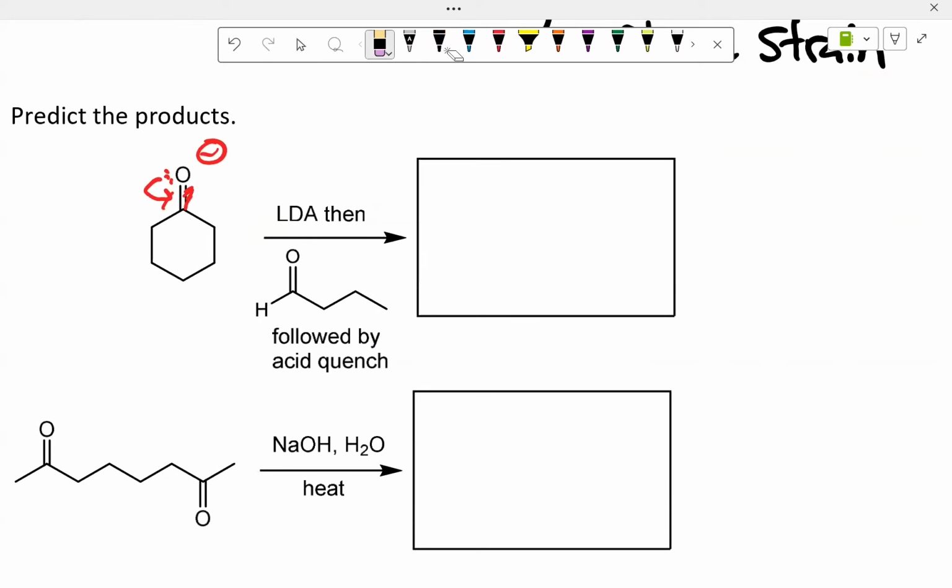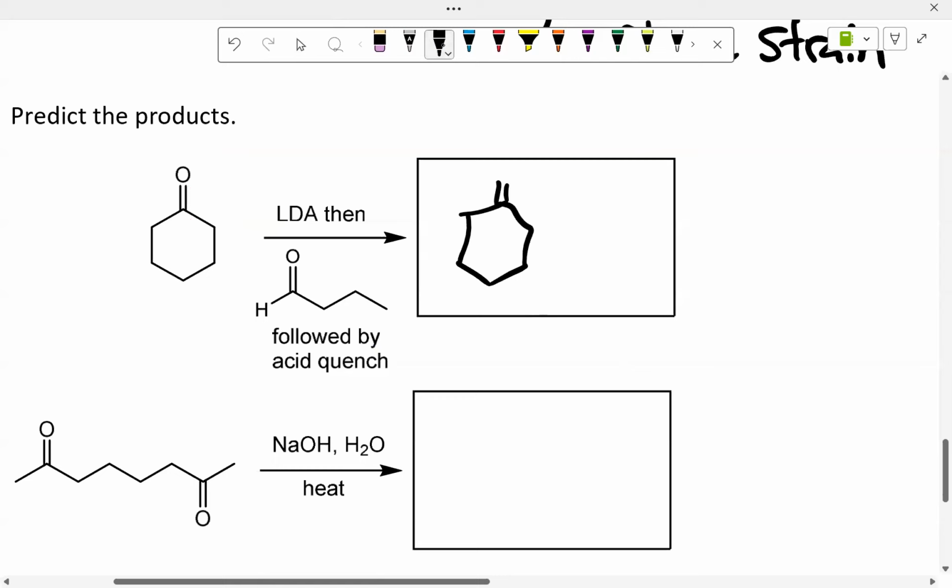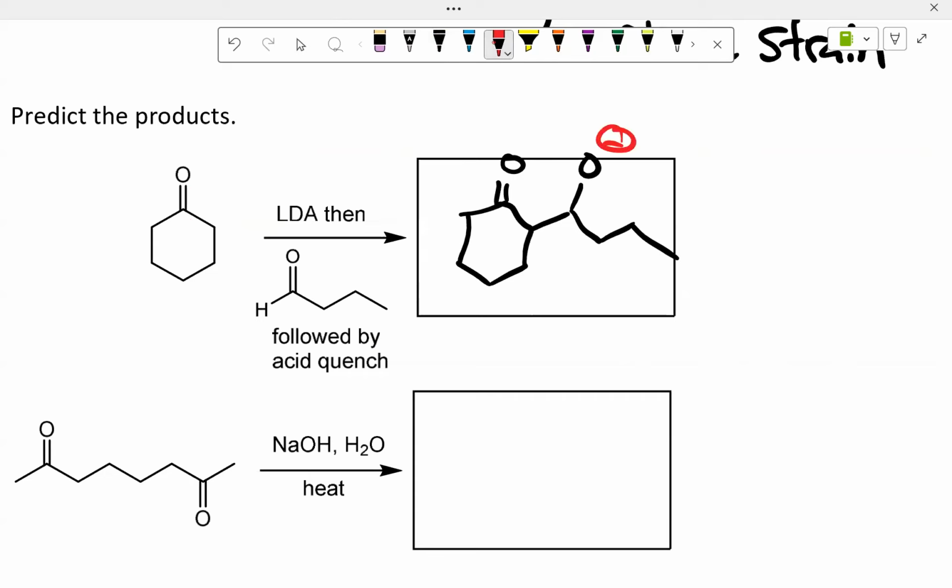Let's draw what that's going to look like. I need to make sure I number the carbons correctly. What that's going to create is an oxygen with a negative charge, forming a carbon-carbon bond. And then we have an acid quench to turn this into an alcohol.